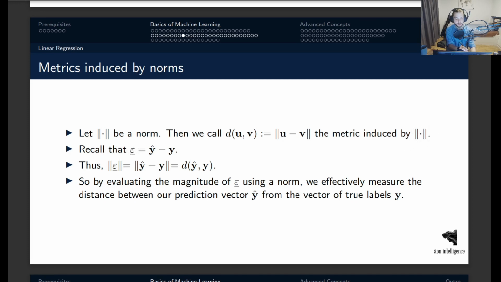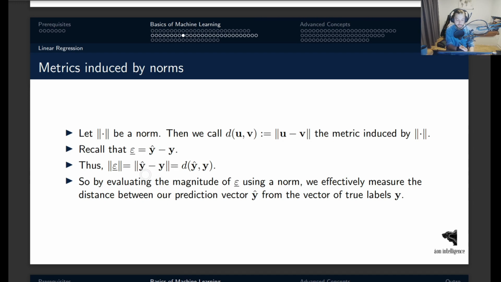And now recall that our error vector epsilon underscore is defined as the difference between our prediction vector y hat and the true label vector y. And now if we measure the magnitude, the norm of our error vector epsilon underscore, we have that this is equal to the magnitude of the difference between the prediction vector and the true label vector.